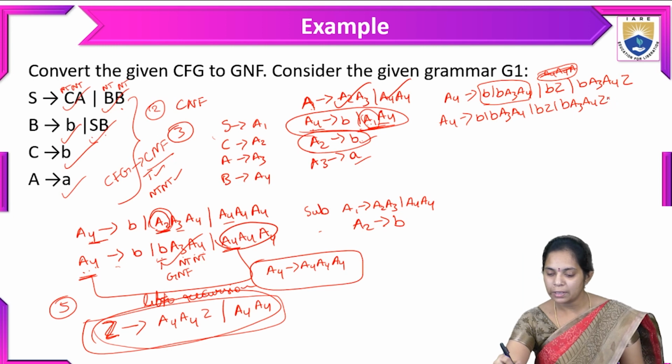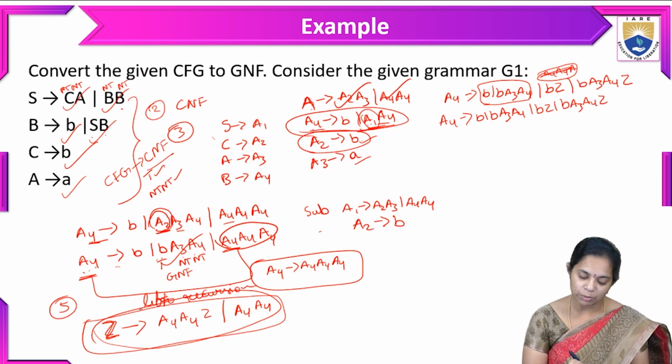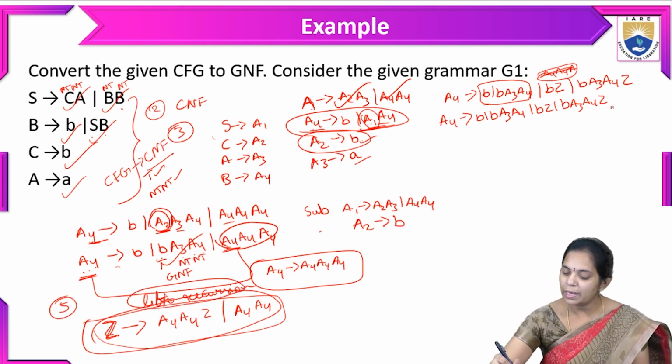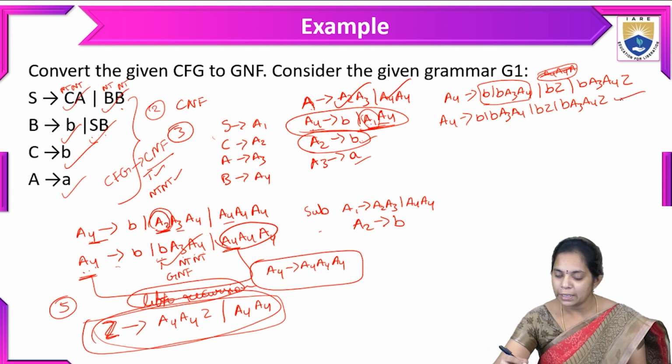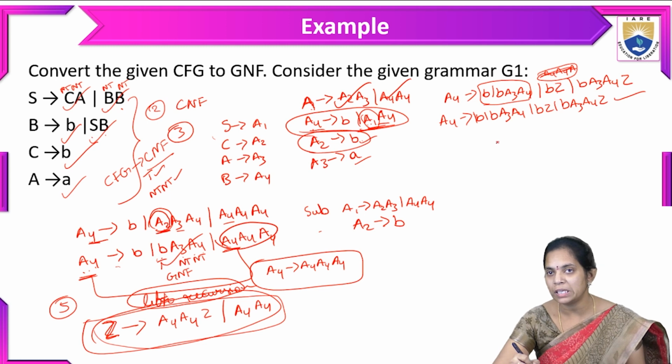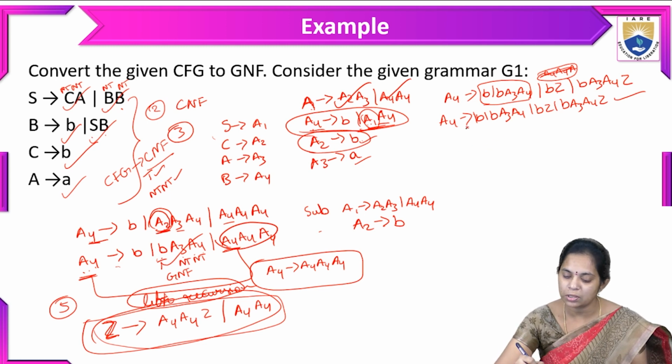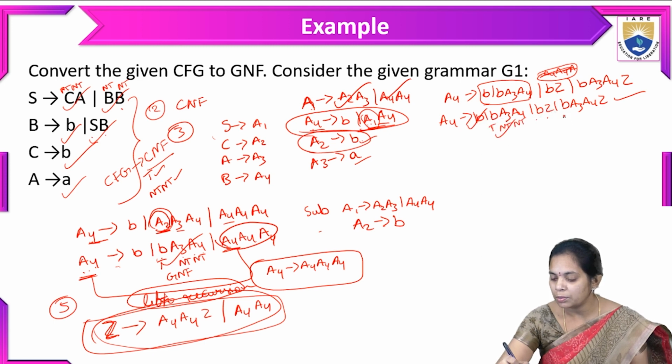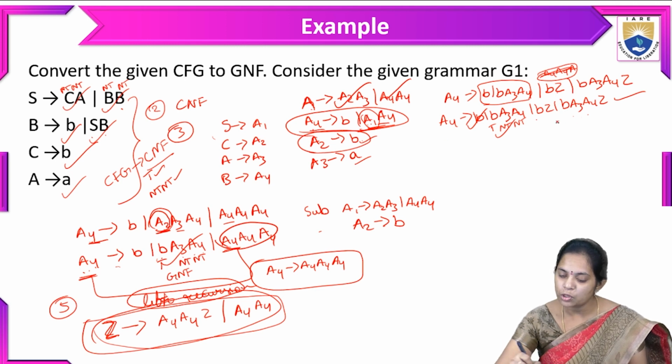After removing the left recursion, this is the production rule. Let me check whether all the conditions of GNF are satisfied in this production rule. This terminal is followed by the non-terminals, so this is satisfying. This terminal is followed by the non-terminals. So this entire production rule satisfies the GNF.